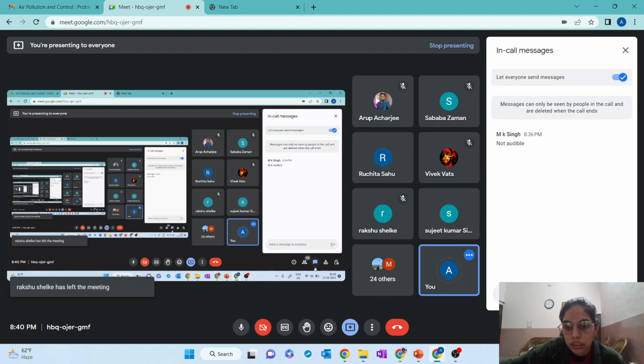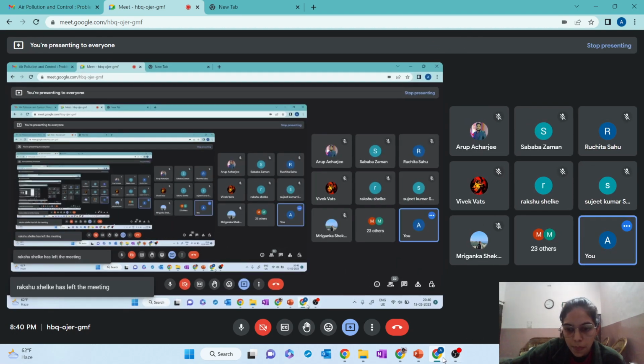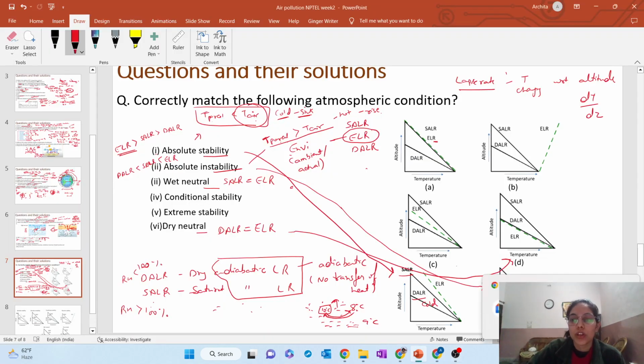So wet neutral and dry neutral mean they are equivalent to the environmental lapse rate. These are the two curves which show it. For dry, DALR is equivalent to ELR, and the SALR is more than it.